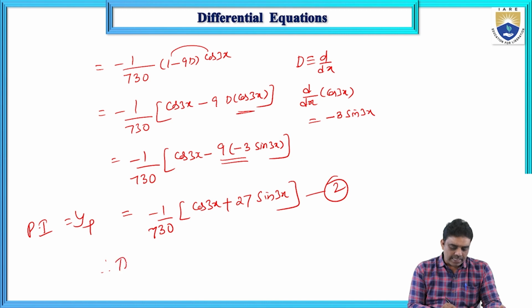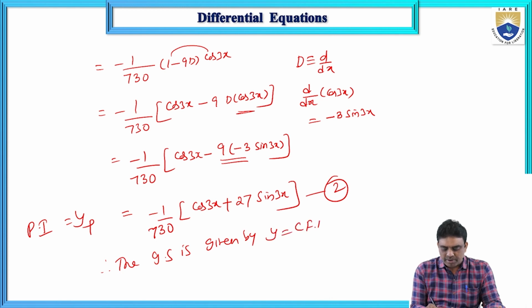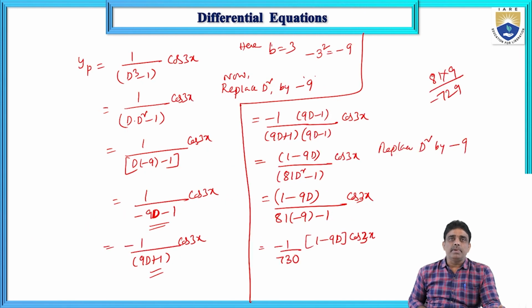So therefore, the general solution is given by Y is equal to the complementary function plus particular integral. So what is the complementary function we obtained?